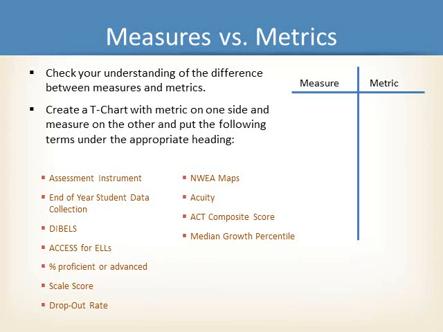Then put the following terms under the appropriate heading: assessment instrument, end-of-year student data collection, doubles, access for ELLs, percent proficient or advanced, scale score, dropout rate, NWEA MAPS, Acuity, ACT composite score, and median growth percentile. Pause this recording while you check your understanding.